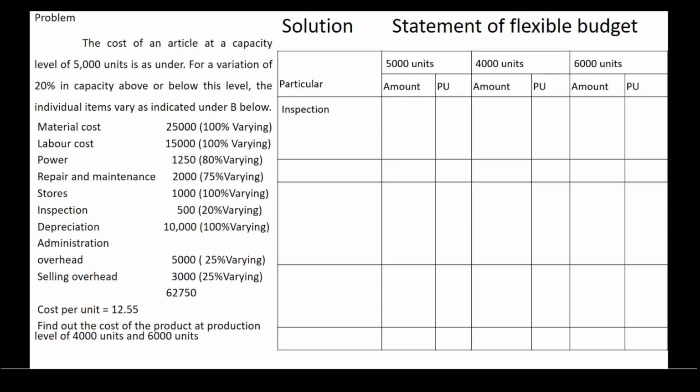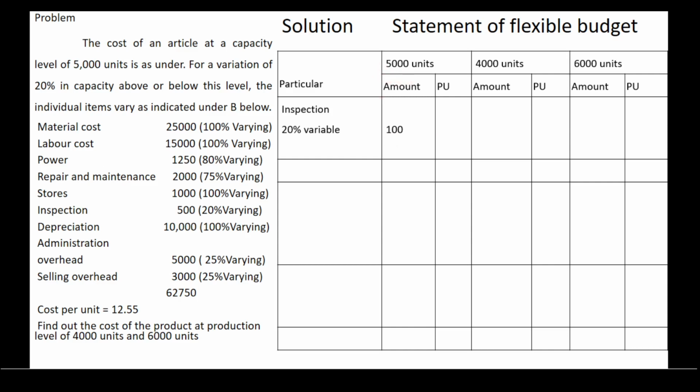Okay, so first we calculate variable, that is the 20%. So this 20% variable is calculated as 500 into 20 divided by 100. So now the amount is rupees 100. So here we calculate the cost per unit as 100 divided by 5000.